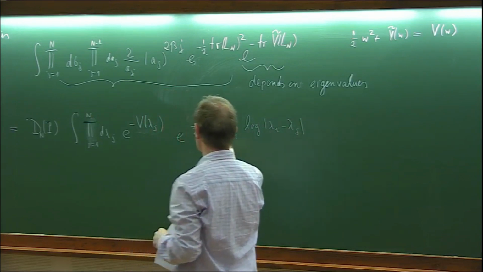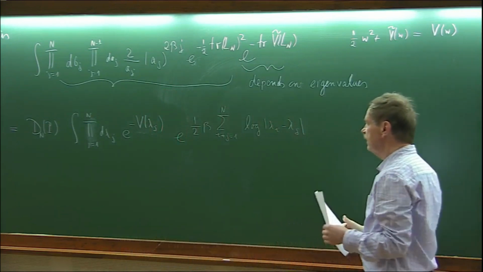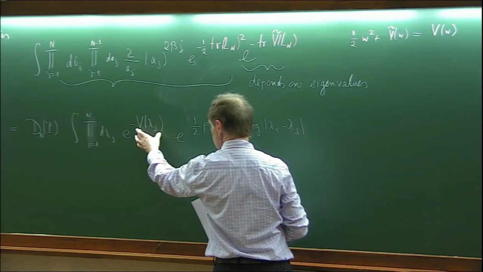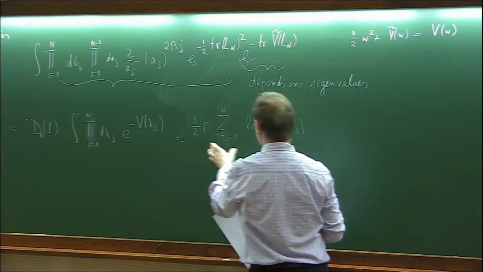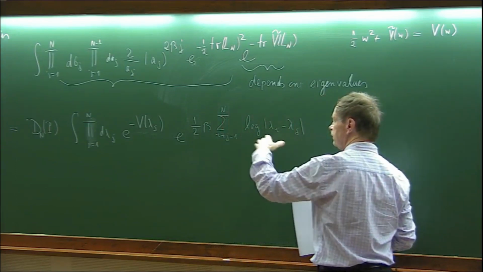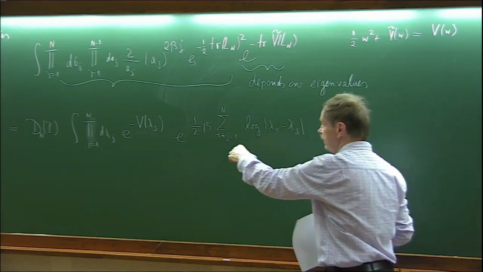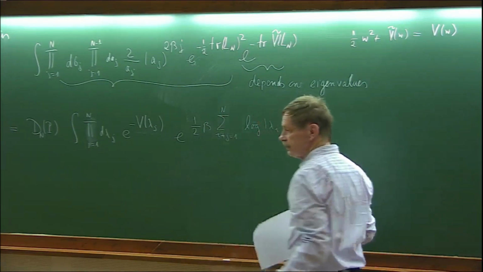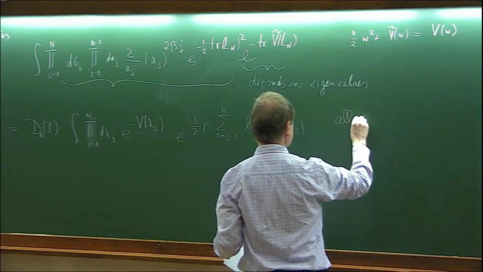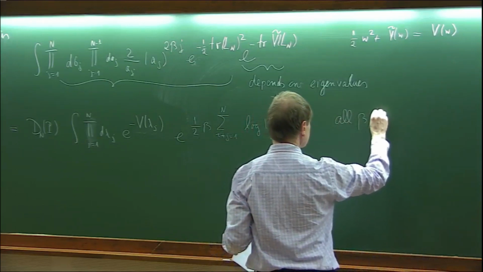This is why it's called log gas. You have particles on the line which are confined by an external potential, which is why you need a confining potential, and which interact with this logarithmic repulsive interaction. There's a strength parameter which is beta. So this is true for all beta. It's an identity, for all beta, all n.